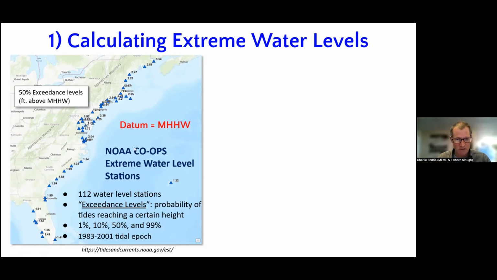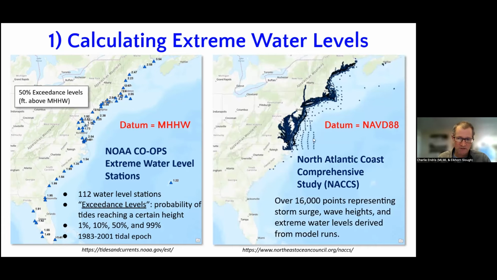So this is the NOAA data, referenced to mean high water. We also used another data set referred to as the NACCS data set, or the North Atlantic Coast Comprehensive Study. This is a high density of modeled point data, over 16,000 points that represent storm surge, wave heights, and extreme water levels.